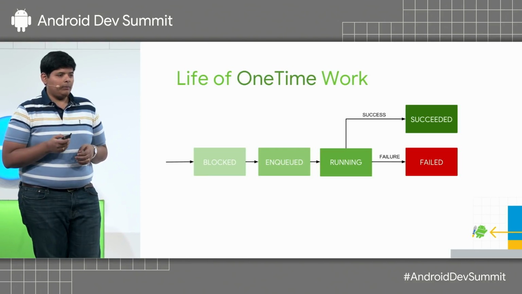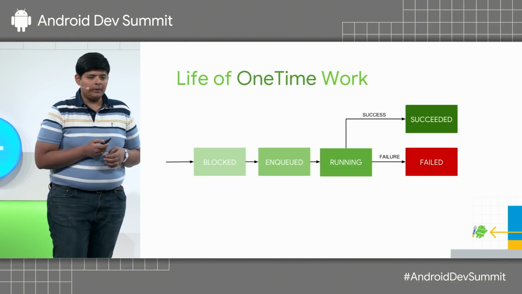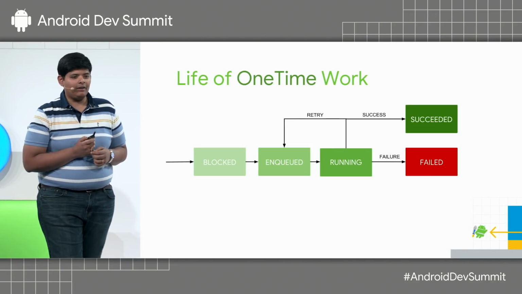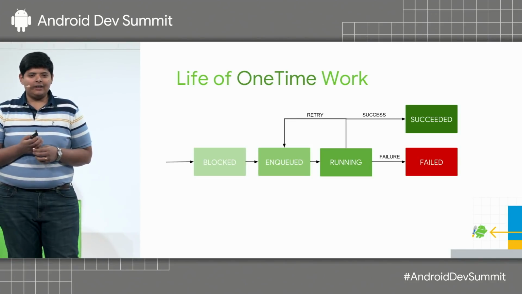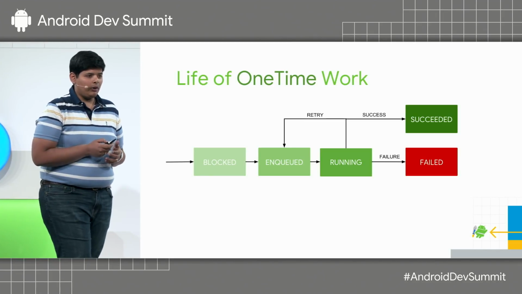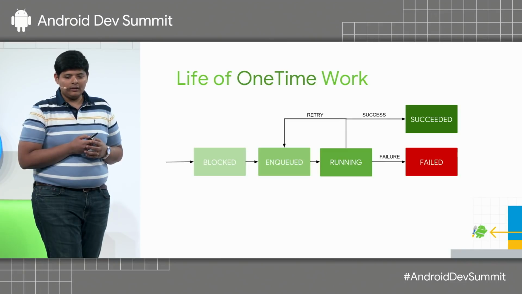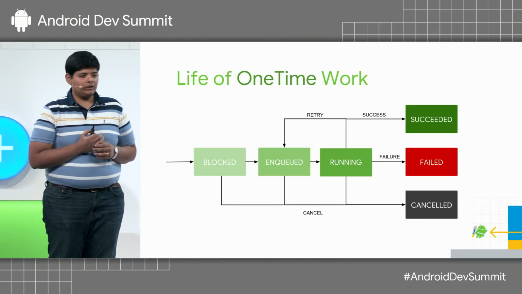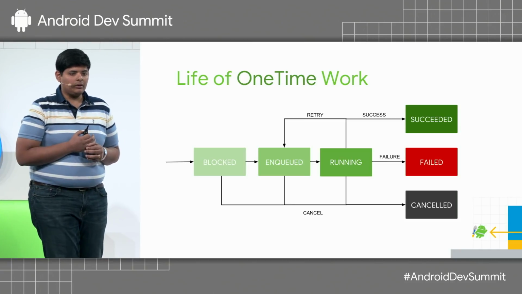If you actually retry, then we'll apply the back-off policy, and then we'll retry. So the worker will go back to the enqueued state. At any point in time, if you have a non-terminating state and you call cancel, it'll end up in canceled. So this is what the life of a one-time work request looks like.